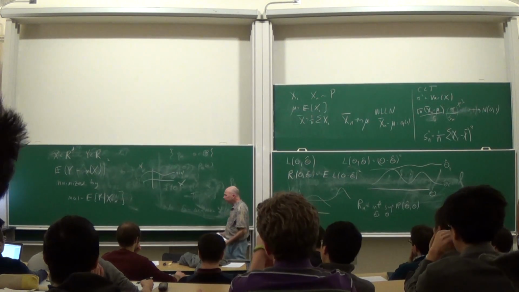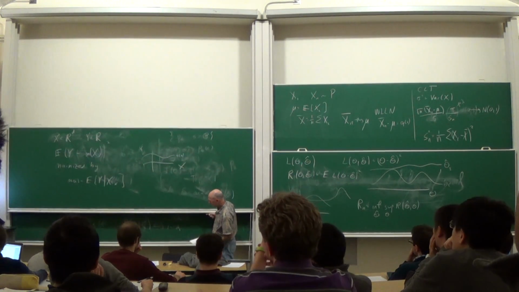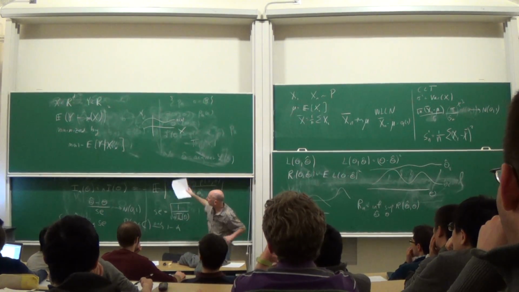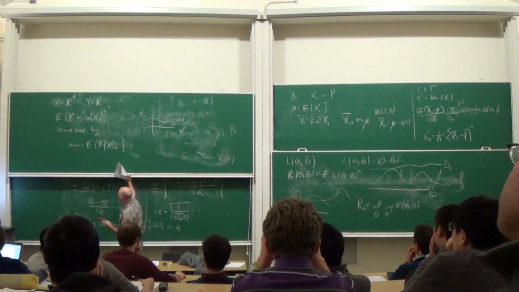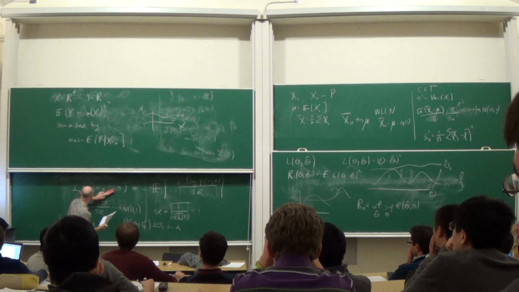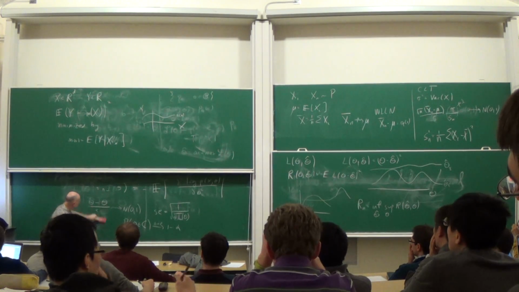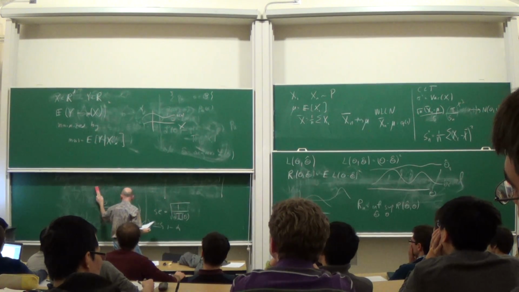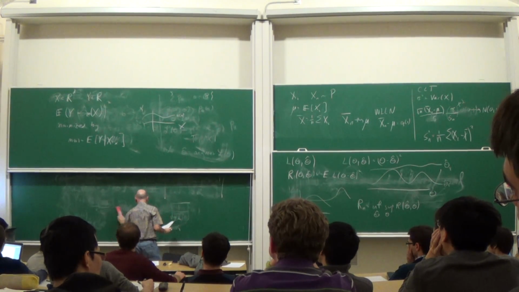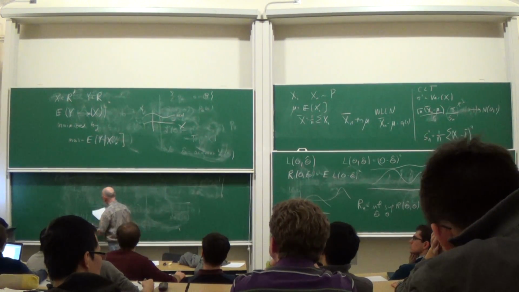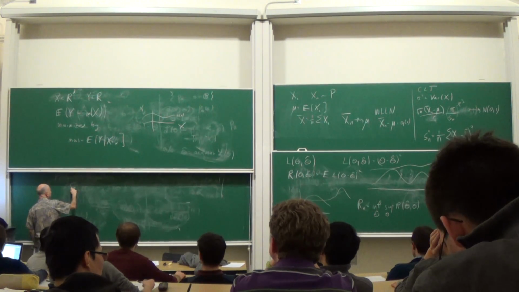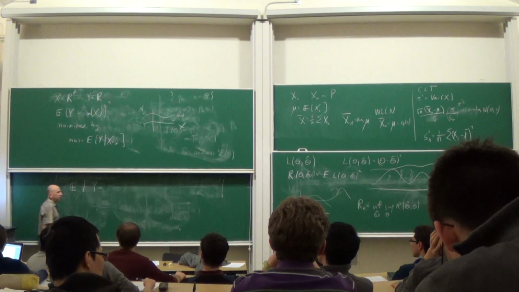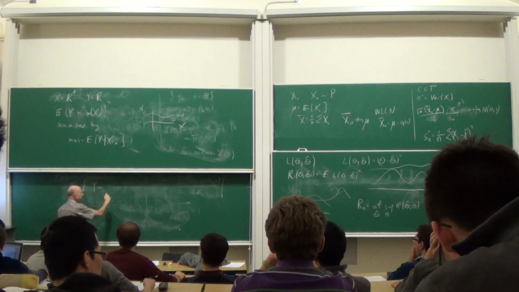So remember that linear regression, we don't minimize that loss over all possible functions. We minimize it over linear functions. So I want to look at how small I can make my prediction error if I only use linear predictors. So what does a linear predictor look like?